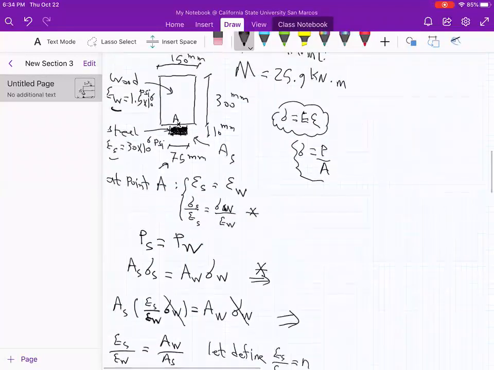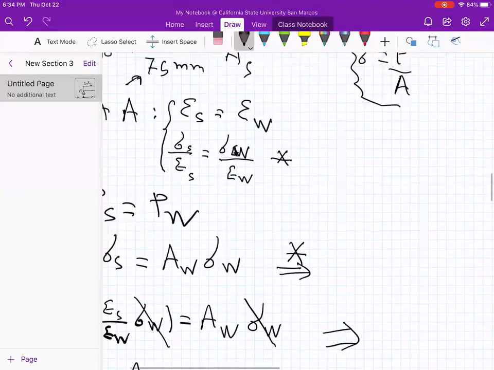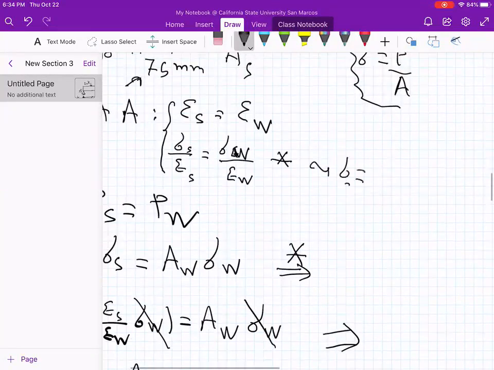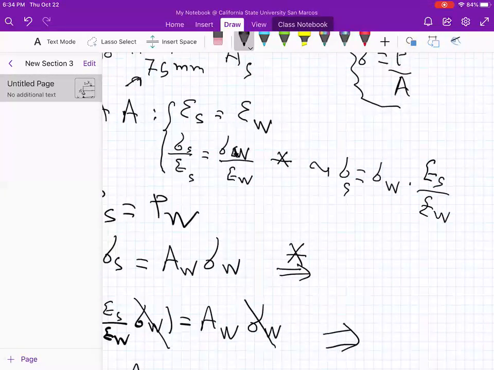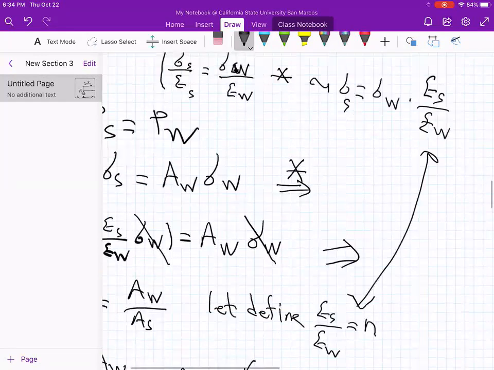We have this equation: sigma steel is sigma wood times ES over EW. What is ES over EW? It is n, which is 20. Which means sigma for steel is n times sigma W.